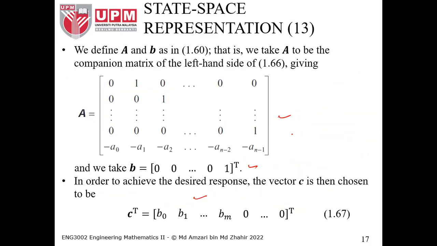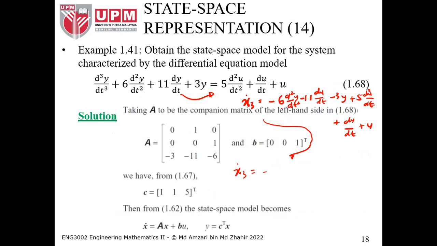So this equation will be negative 6 times x3. Okay, we start with x1 first.